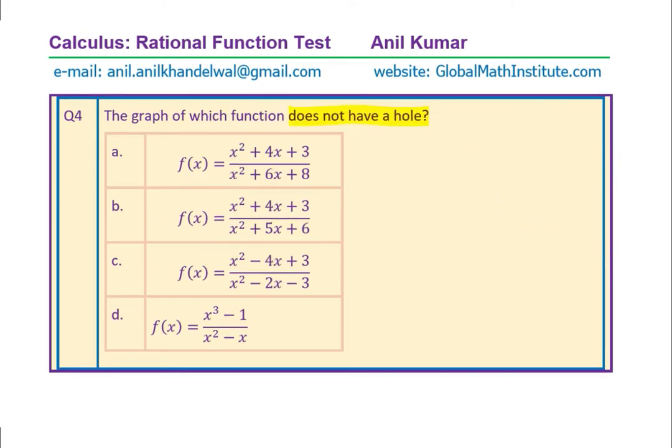Let's look into question number 4. The graph of which function does not have a hole? Not having a hole means we do not have a common factor in both the numerator and denominator, correct? So let's factor. If I factor the first one, we get x plus 3 times x plus 1 over the denominator, x plus 4 times x plus 2.